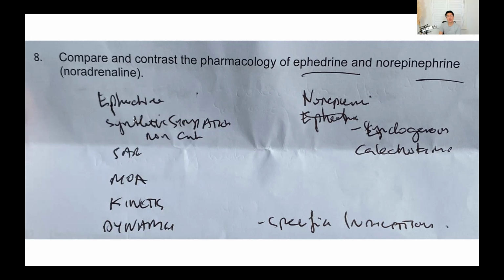Okay, I think one of the key things is that sometimes when you write a table, it doesn't come across that you're comparing and contrasting. What it comes across is that you're just writing down facts in a table. So if you do decide to do it in a column format, make sure that you do it in such a way where it does appear to the examiner you are comparing and contrasting it.